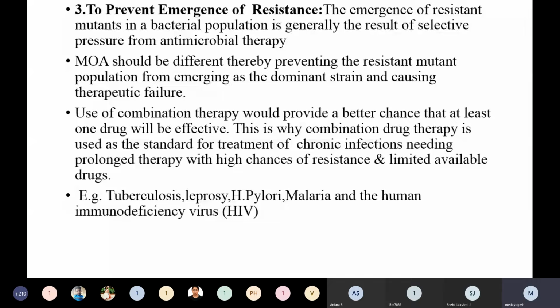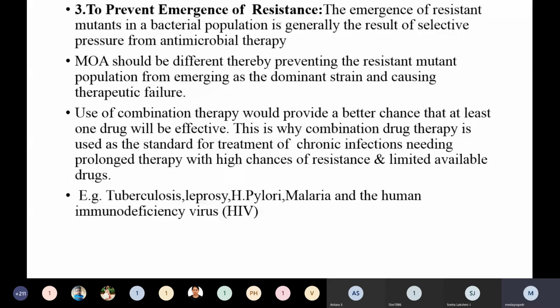They should not act by the same mechanism of action. Then only it becomes a synergistic effect. Thereby preventing the resistant mutant population from emerging as the dominant strain and causing therapeutic failure.